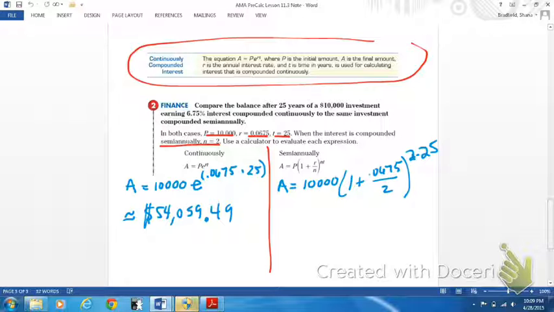So that's your exponent, not 2.25, it's 2 times 25. And then when you multiply that out, you should get $52,574.62. So you can see, same amount of money, but compounded continuously is actually going to make you a little bit more.